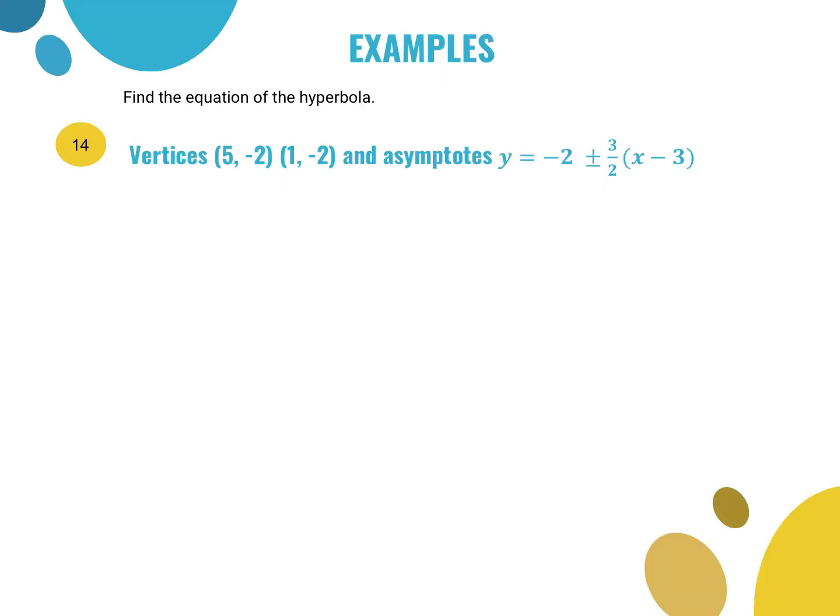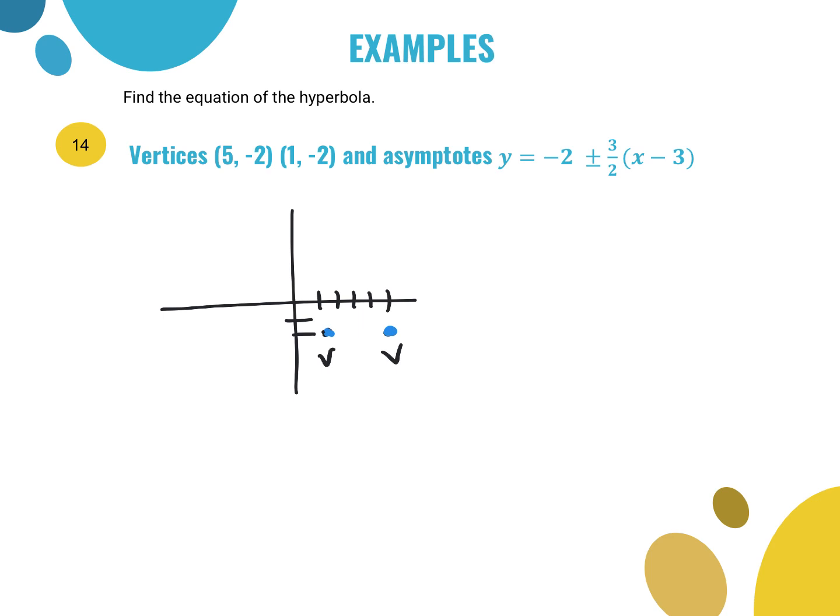The vertices are at 5, -2 and 1, -2. Let me give myself a visual. 1, 2, 3, 4, 5. 5, -2 and 1, -2. These are your vertices. So we can already see the midpoint of these two ordered pairs.